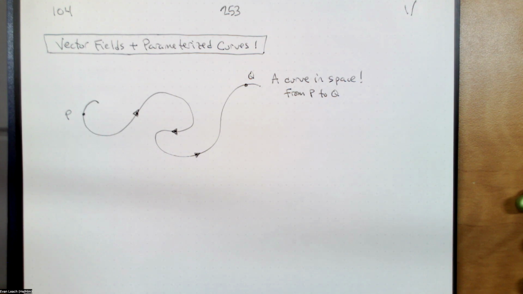So presumably this curve is parameterized and has this orientation. It's going from P to Q. It's a one-dimensional curve in n-dimensional space. Doesn't matter how big the space is.